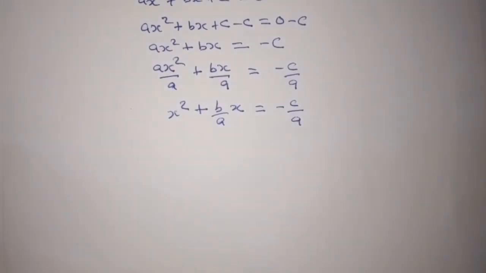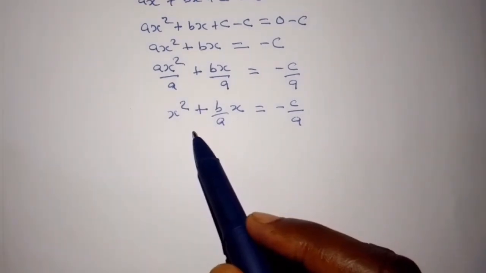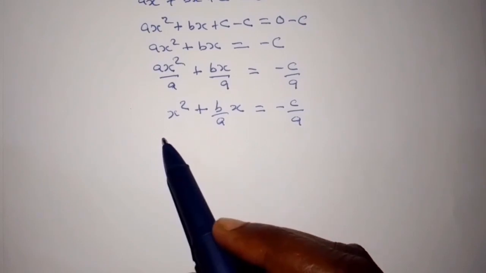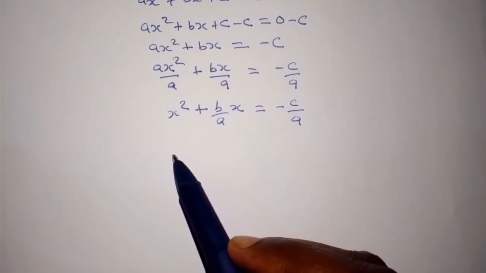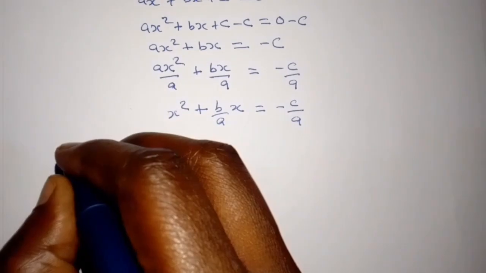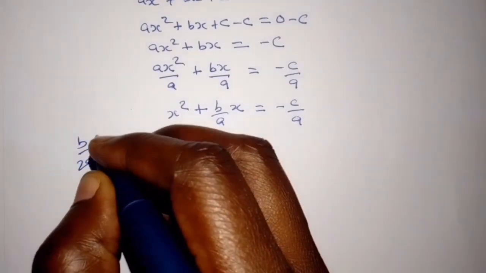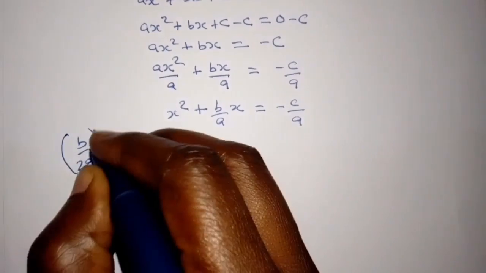Now completing the square on the left hand side, we want to complete the square on the left hand side here by adding b over 2a squared.